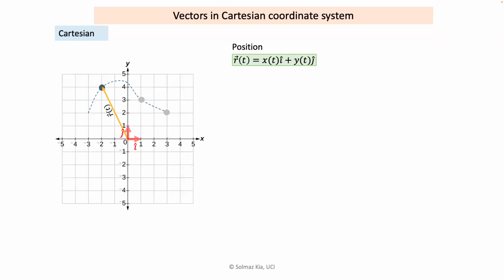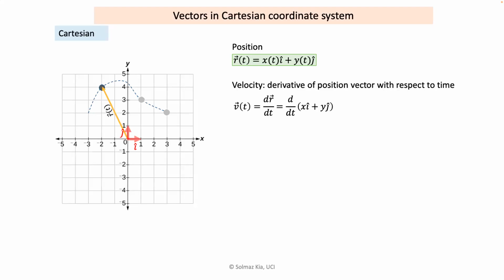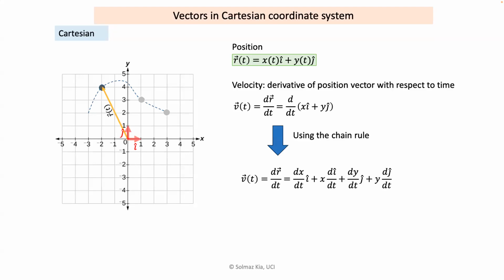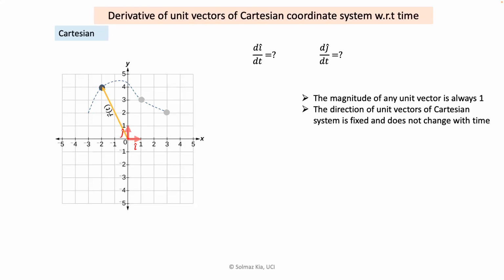Now to compute the velocity of the object in Cartesian coordinate system, we take the derivative of the position vector with respect to time. Using the chain rule, we arrive at this equation. Now you can see that the derivatives of unit vectors show up in our equations. Now the question is, what are the derivatives of these unit vectors?